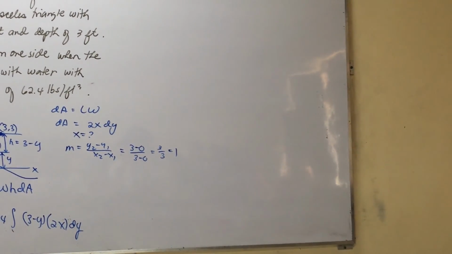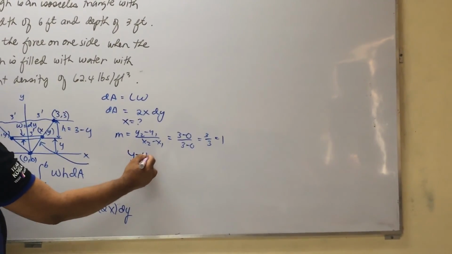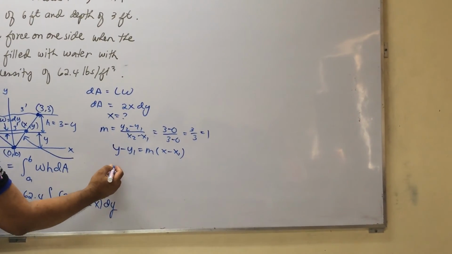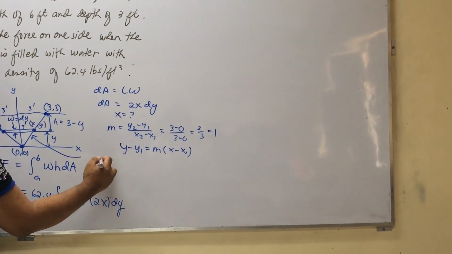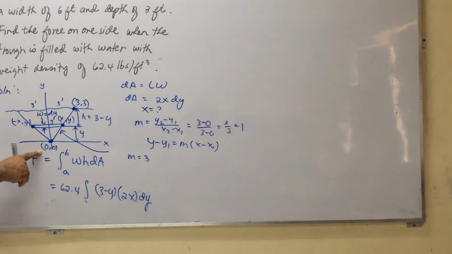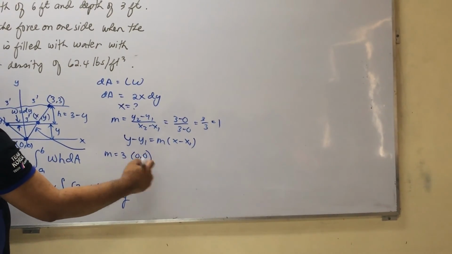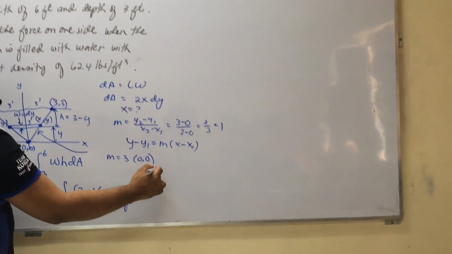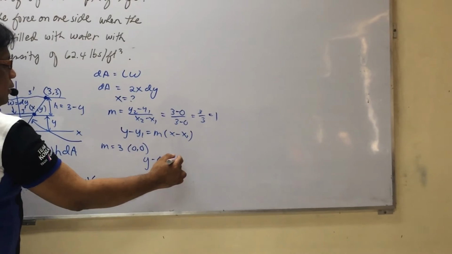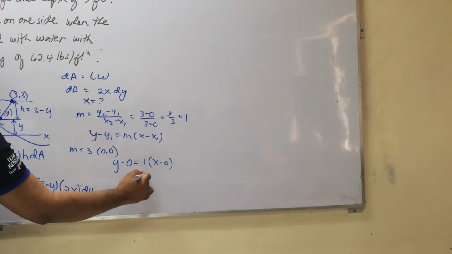In defining the equation of this line, we will use the formula y minus y1 equals m times x minus x1, where the slope is equal to 1. But what about x1 and y1? We can get it from (0, 0) or (3, 3), so let us just use (0, 0). So y minus 0 equals 1 times x minus 0. Simplifying it, y equals x.